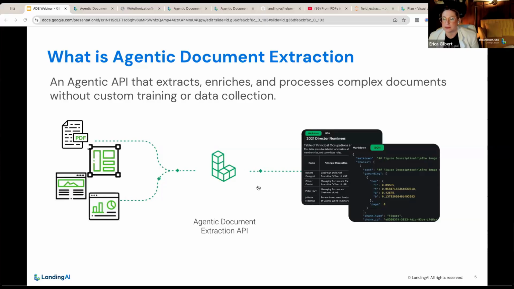In this case, agentic means the system is intelligently handling your documents and producing structured outputs that are really easy to integrate into your downstream systems. So hopefully simplifying a lot of the complexity that we'll ultimately uncover today.